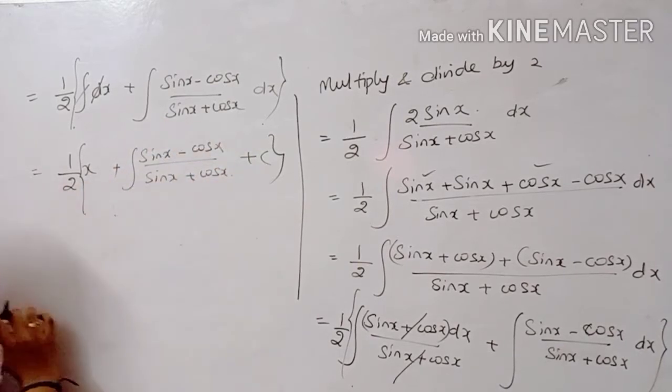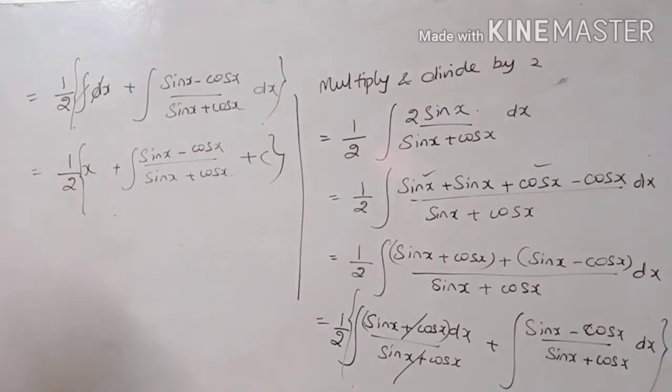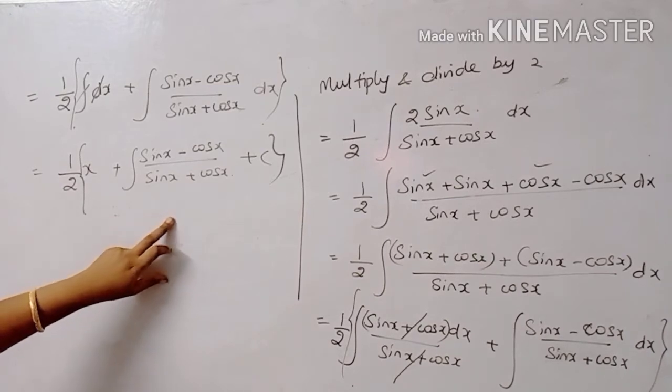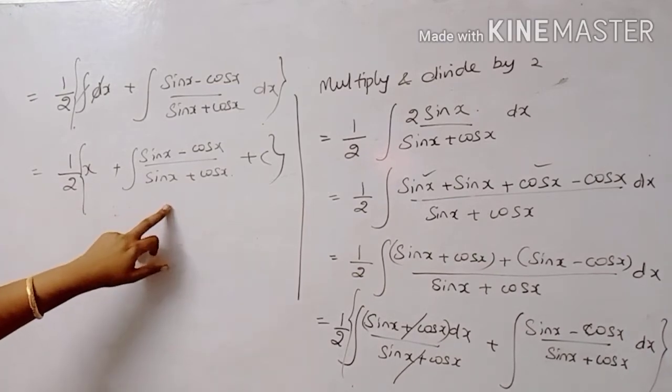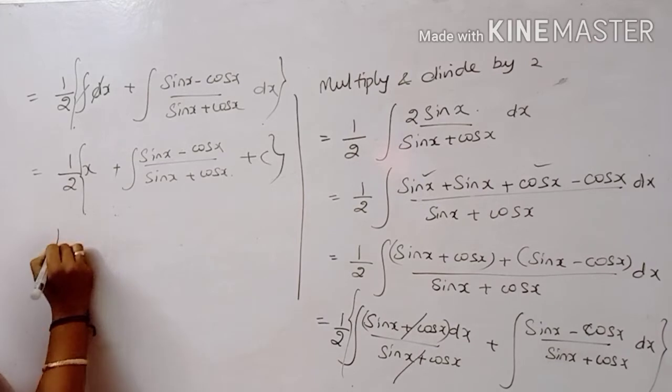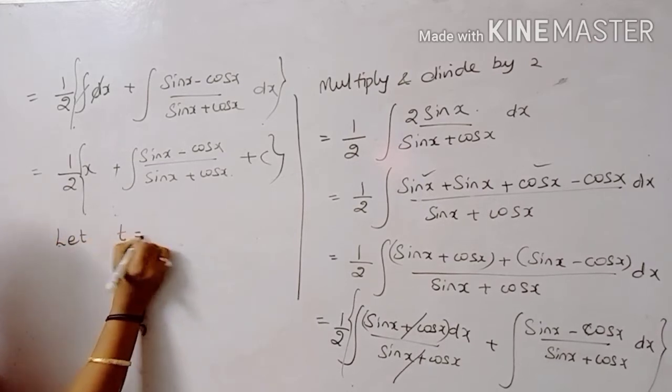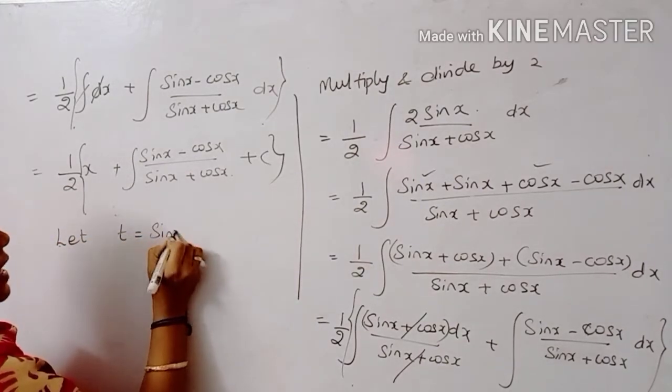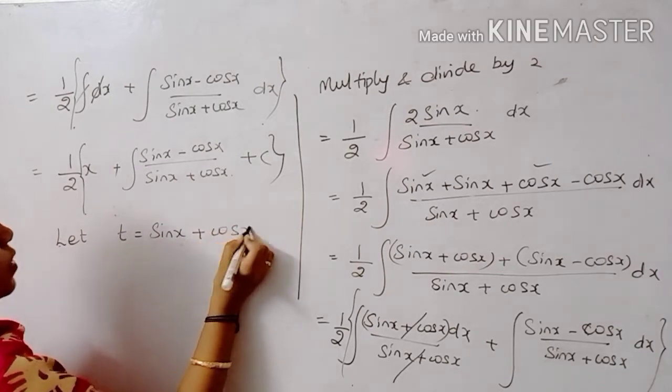So now we have to solve this integration. Let us take sin x plus cos x to be some constant. The constant name is t. So when I take sin x plus cos x to be t, let t be the denominator part, sin x plus cos x.